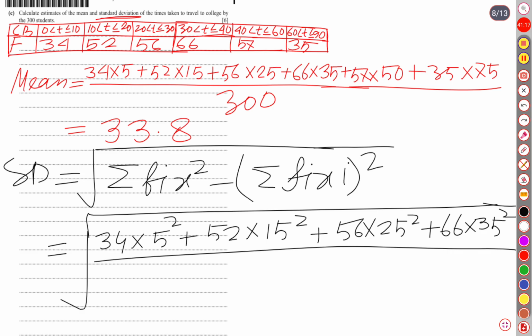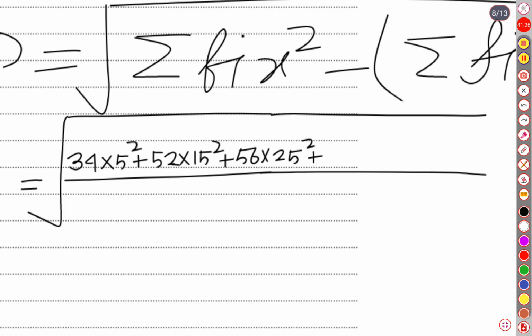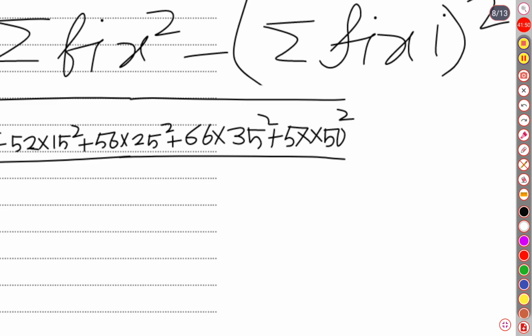After that, the next frequency is... I don't have space to write this, so what I can do: 66 into 35 squared, plus 57 into 50 squared, plus the final one.